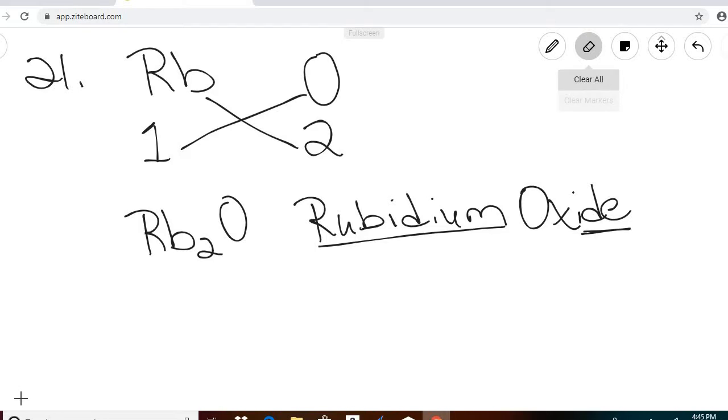21B is the compound that would be formed between strontium and sulfur. Strontium is in group 2A, so it has 2 valence electrons, and sulfur is in group 6A, so it would need to gain 2 valence electrons.